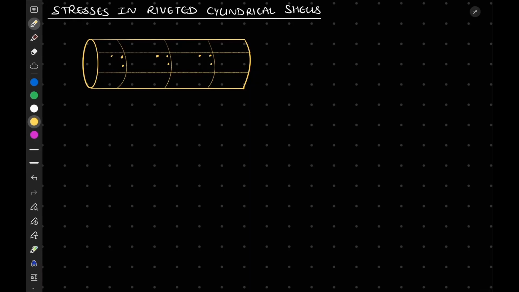Now due to riveting, along this section, let's say we have considered this section here, or even let's say it was welding. So this is your longitudinal joint, and for joining this portion here, this is your circumferential joint.